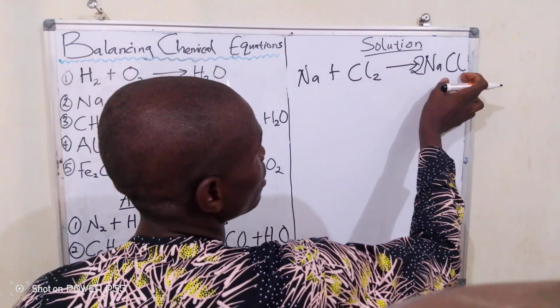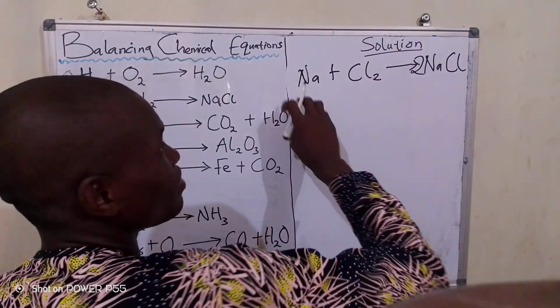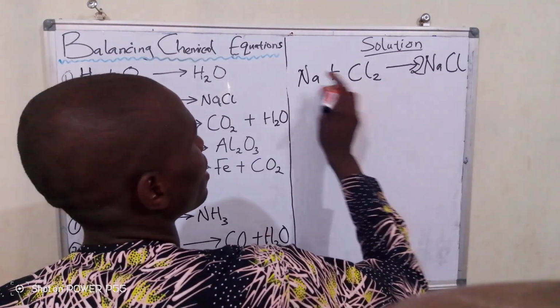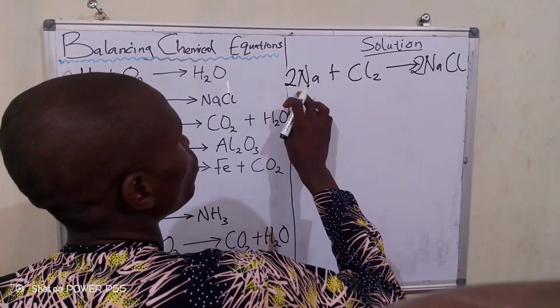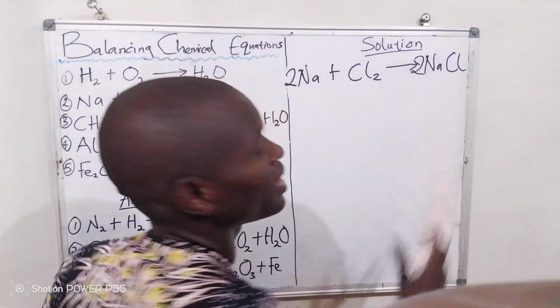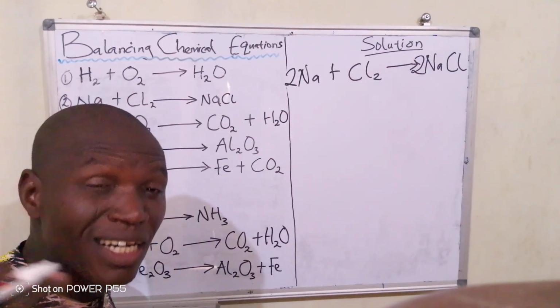Because we tried to balance chlorine, the number of sodium has increased, so we also have to settle this. How do we balance it now? We make this place 2. 2 atoms of sodium, 2 atoms of sodium, 2 atoms of chlorine, 2 atoms of chlorine, equation balanced. Is this not simple? This is using brainstorming.